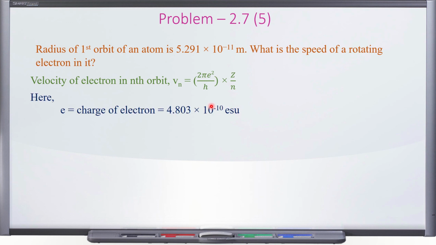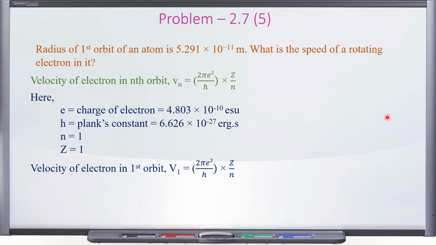Here the charge of electron is 4.803 into 10 to the power minus 10 ESU, h is Planck's constant, Z is 1 because when the atom is not mentioned you take hydrogen, and n is 1 for the first orbit.